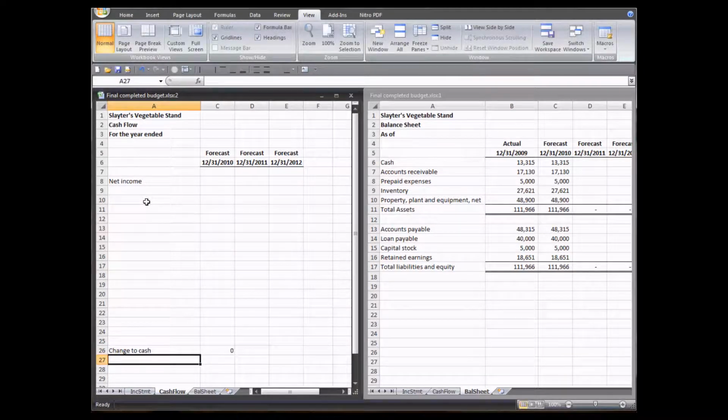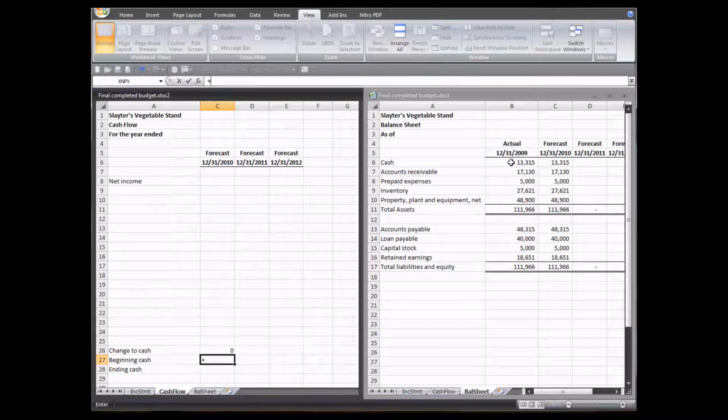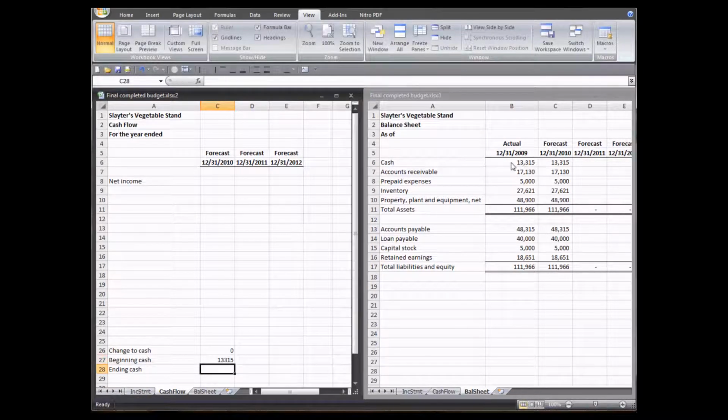Okay, and then beginning cash and ending cash. So beginning cash is going to come from my prior balance sheet. So there's a formula that brings that in. And my ending cash is going to be my beginning cash plus my change in cash.